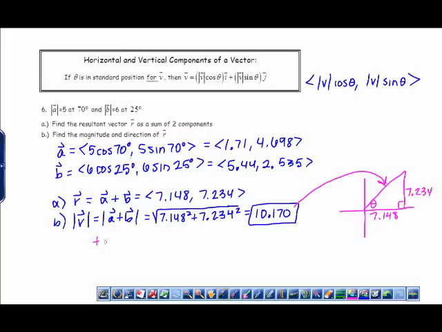You're typically always going to use tangent here. There are ways around it, but that's the convention. And so the opposite, the vertical component, 7.234 divided by 7.148, and that is going to give you 45.343 degrees. Now again, you don't have to worry about putting this in a different quadrant in this problem, but you could in another problem. Please bring your questions to class.